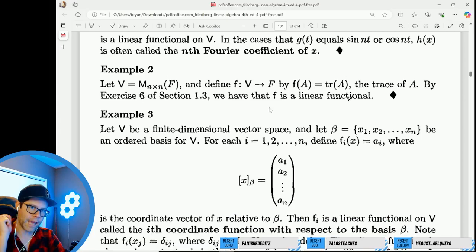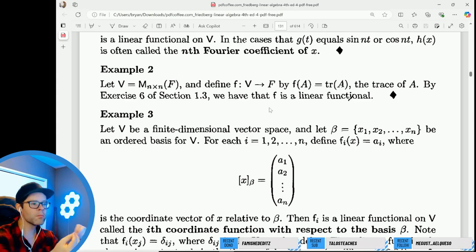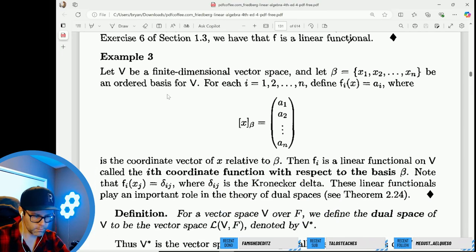But remember that the end point goal of this chapter is to push something into the field that we're working with. So we're basically getting some kind of singular value, like some kind of singular number. So what's this example 3? We have a basis for each i.